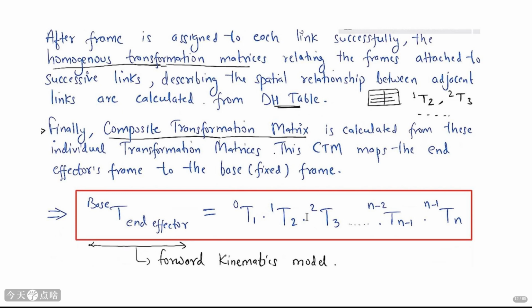Starting from the base frame, 0, we apply the transformation to get to frame 1, then apply the transformation from 1 to 2 to get to frame 2, and so on, until we reach the end effector frame, n. This final product, the composite transformation matrix, often written as T sub n to the power of 0, gives us the complete pose, position, and orientation of the end effector relative to the base frame. This is the heart of the forward kinematics solution.